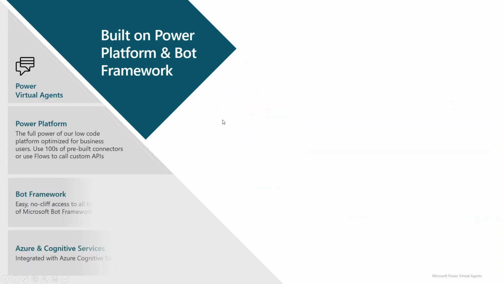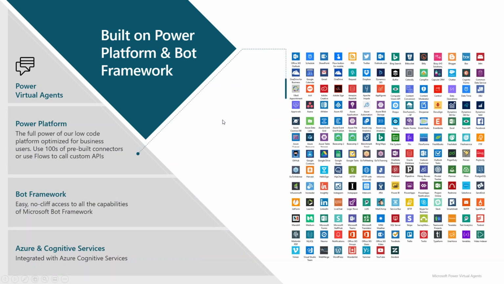And it's on a very strong foundation. So we've mentioned before that Power Virtual Agent is there at the top of the triangle. That's built on the Power Platform, which has access to all of these custom connectors and different products within the Power Platform. But Power Virtual Agents itself is built on Azure technology, the Microsoft Bot Framework, and you've got this Bot Framework Composer that you can use to edit and create bots, so you can extend it further if you need to.